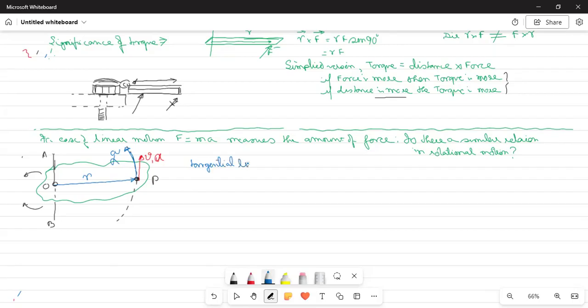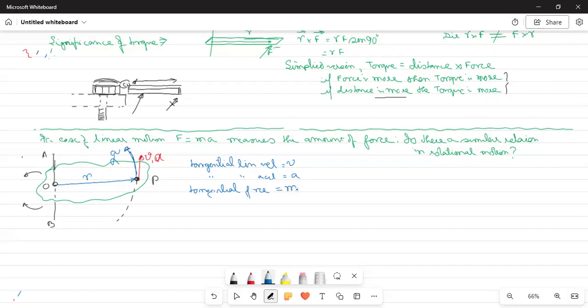Tangential linear velocity is equal to v, and tangential linear acceleration is equal to a, and we know the tangential force is equal to mass into acceleration.